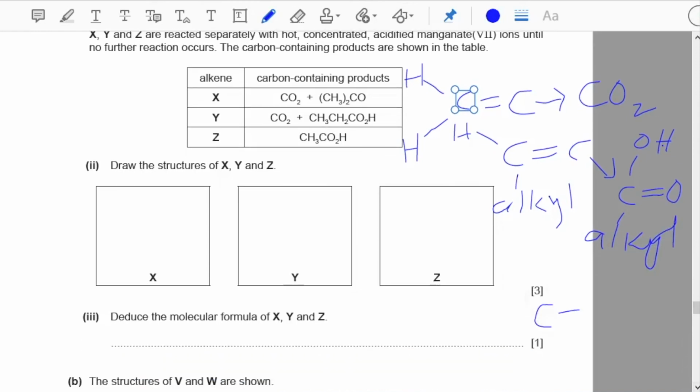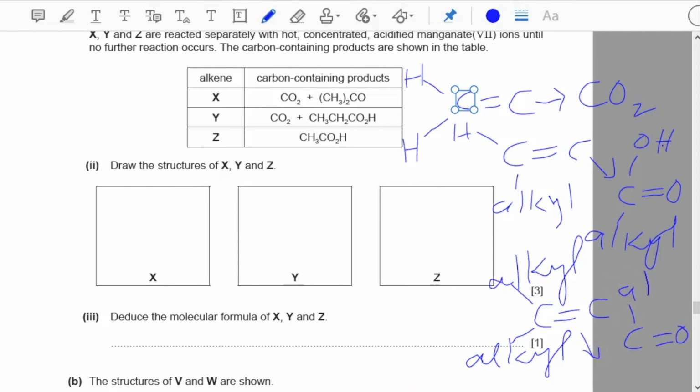If a carbon-to-carbon double bond is bonded to two different alkyl groups, or even the same alkyl groups, but not hydrogen, when this kind of structure reacts with hot KMnO4, this gives off a ketone. The ketone has a structure that would look somewhat like this. There will be alkyl groups on both sides of the carbon.